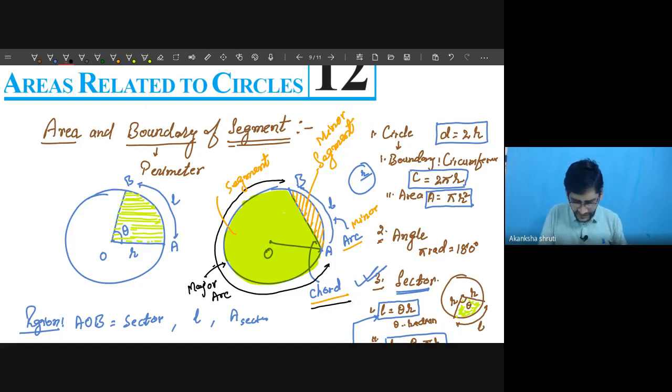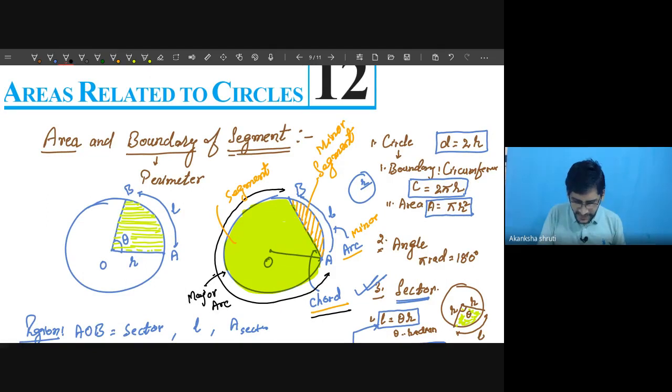So considering the segment between this major arc and the chord, the segment is always less than the diameter. So that region is called a major segment.